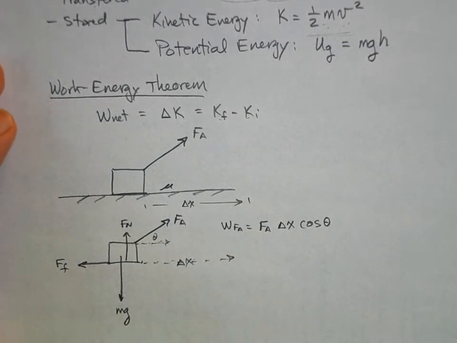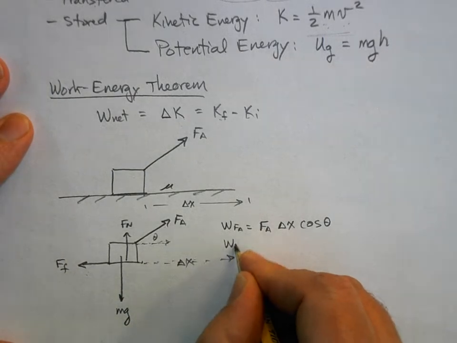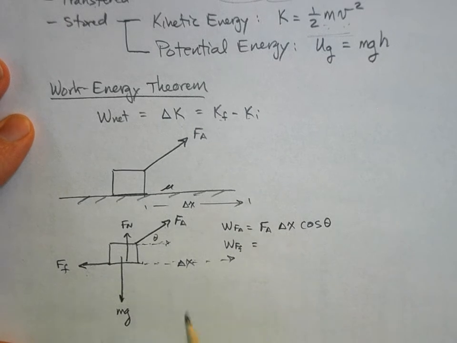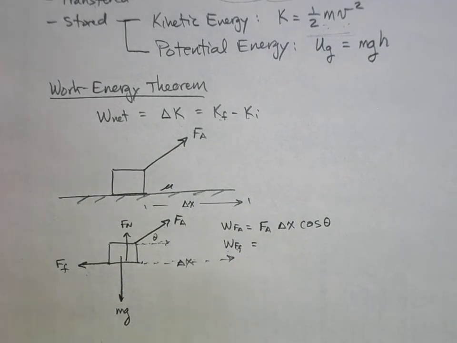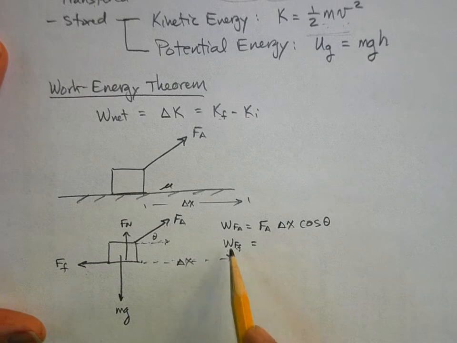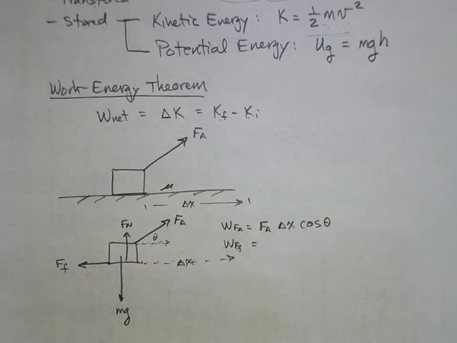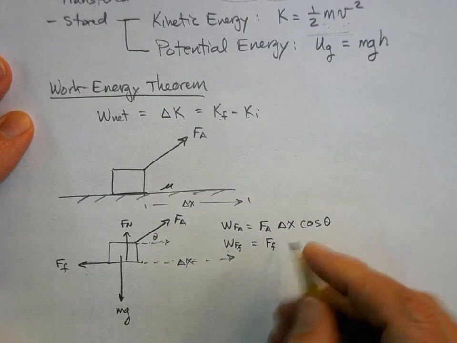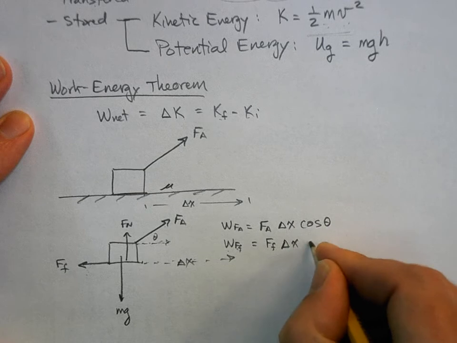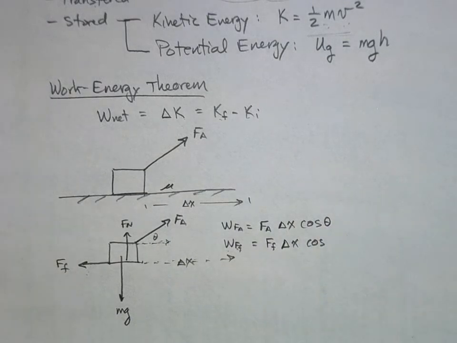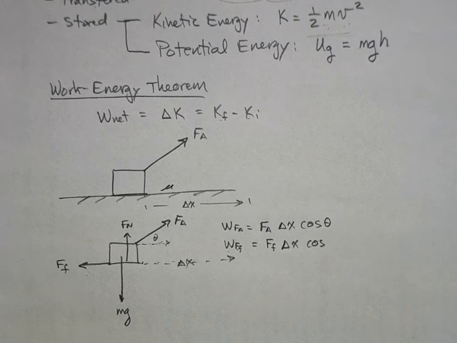Now let's take a look at the work done by friction. Now these are subscripts right here. The work done by the force of friction. I'm not multiplying anything here, that's just the variable. Now, it's the force of friction times delta x times the cosine. Now, what is the angle between the displacement and the force of friction in this drawing?